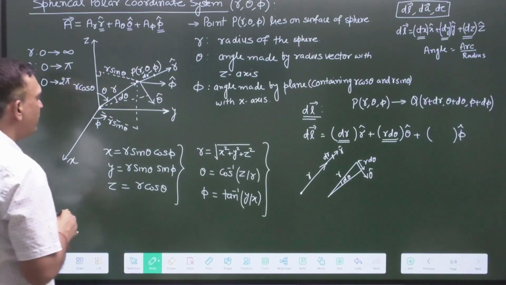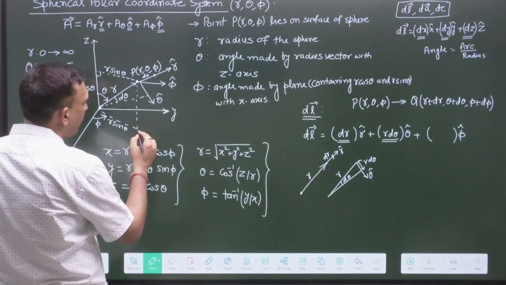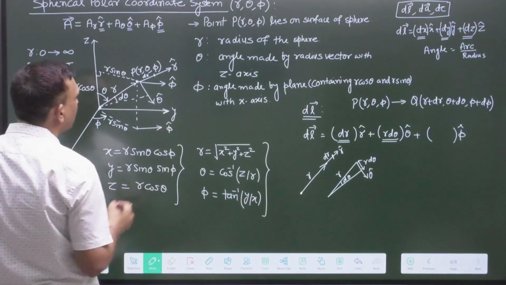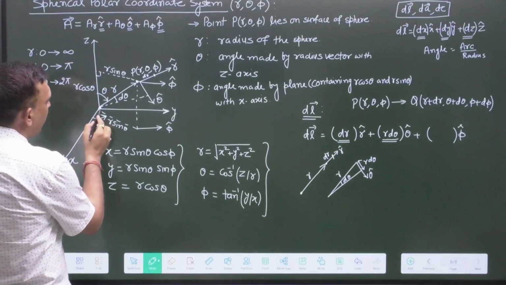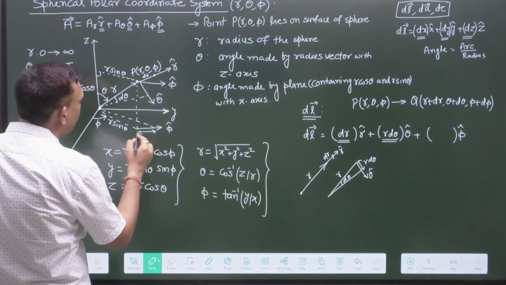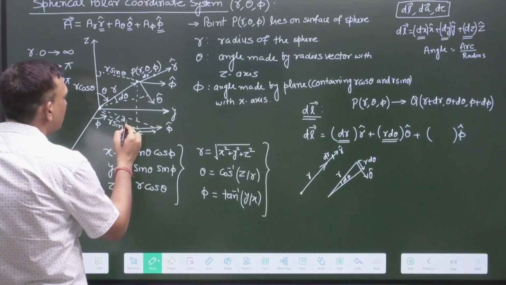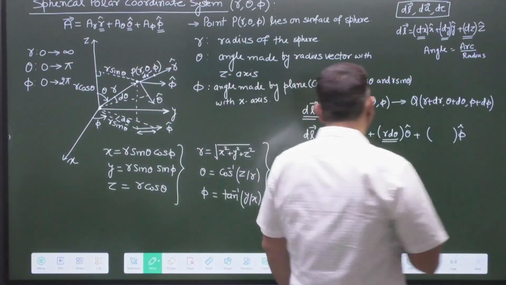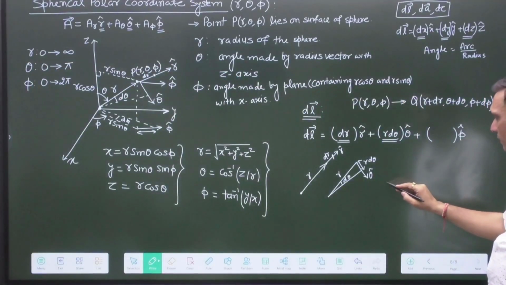Now you have to see the change along phi cap. So phi cap is this direction. If phi changes to d phi, what will be this change? Let's redraw this again.